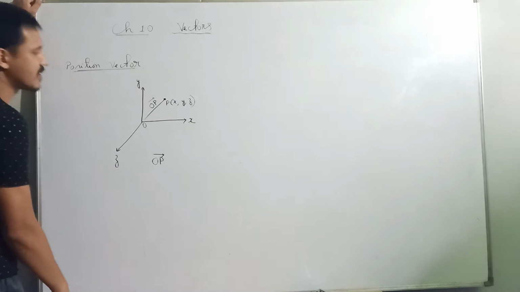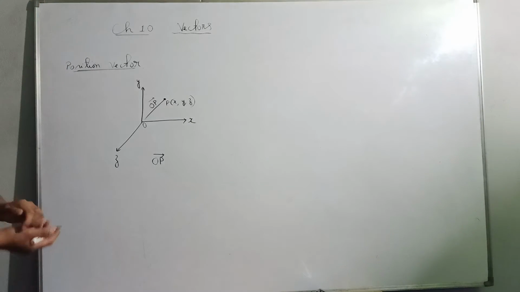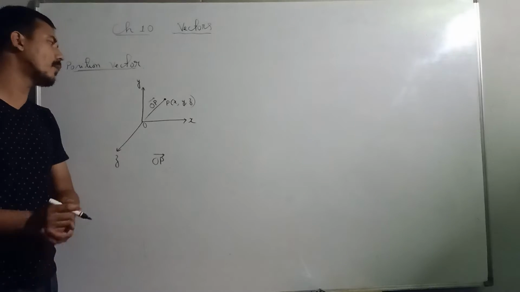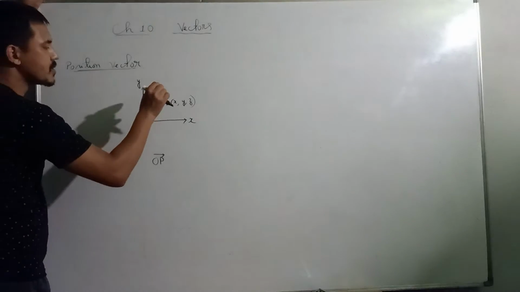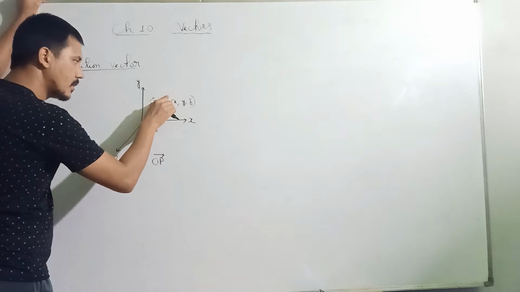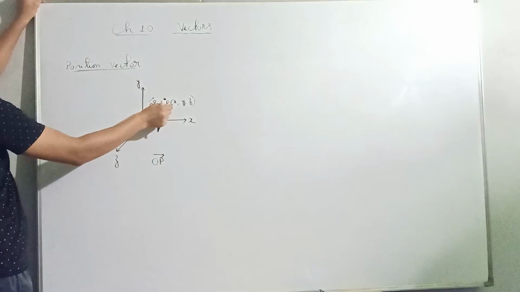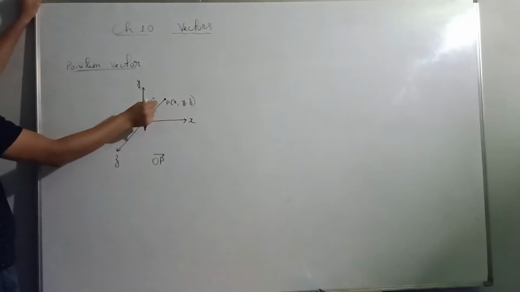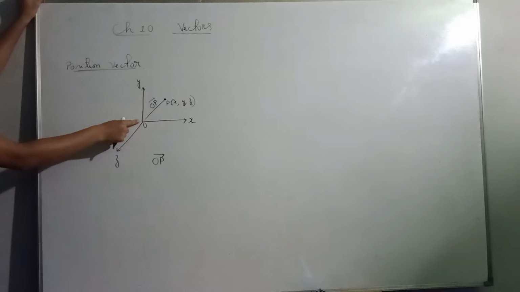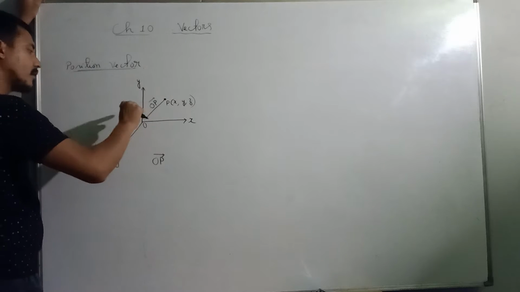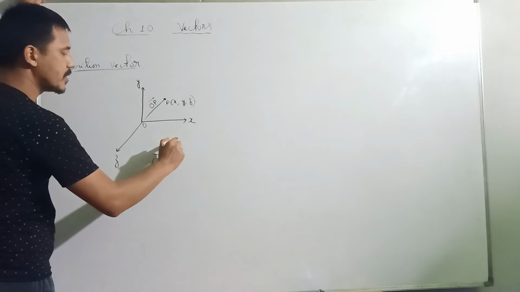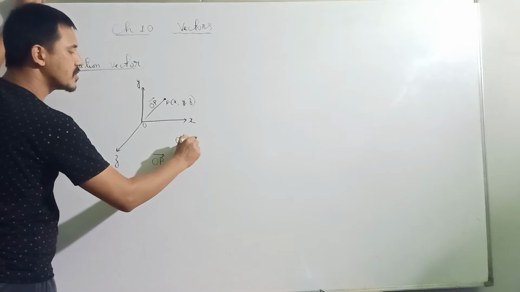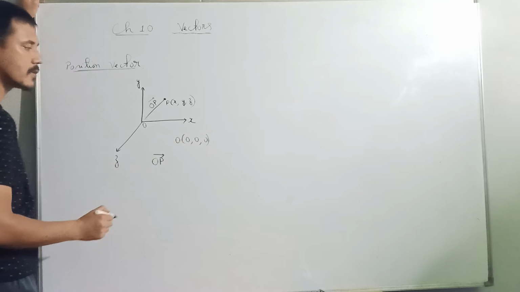So if the coordinate of point P is x, y, z, then the position vector of P is the position of this particular point P when measured from the origin. Here, the origin O is always your initial position. The coordinate of the origin is 0, 0, 0.